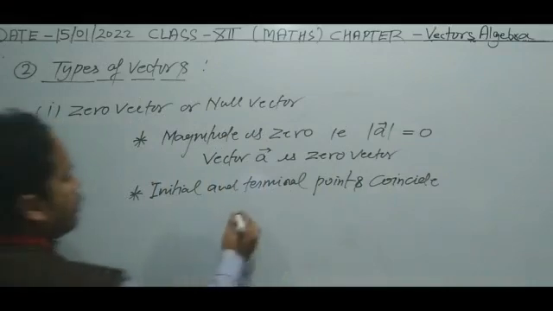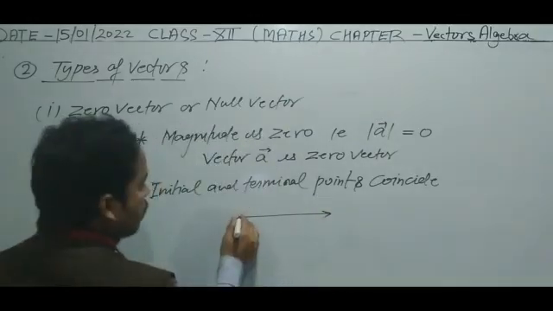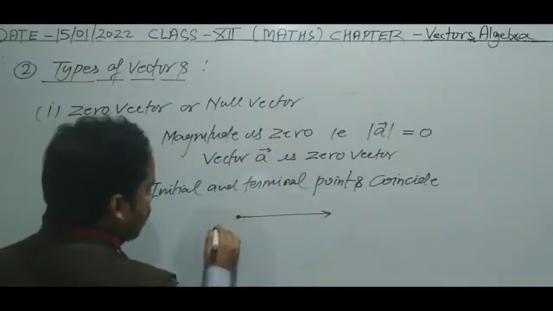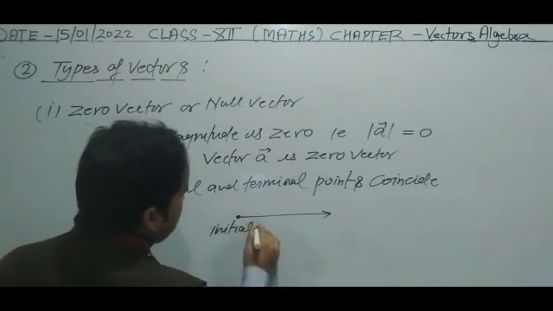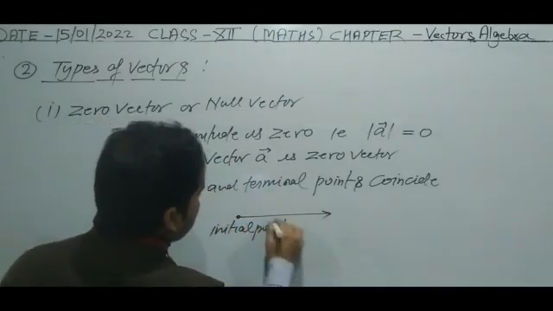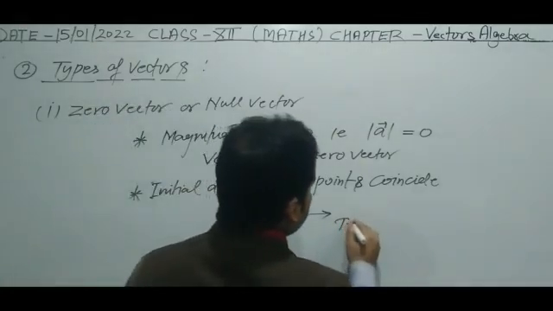Means suppose this is the vector, this is the initial point and this is the terminal point.